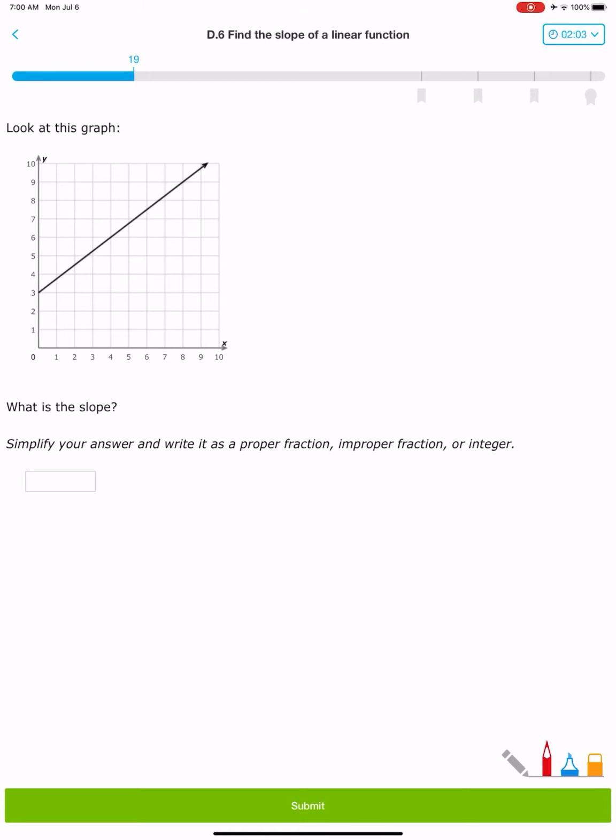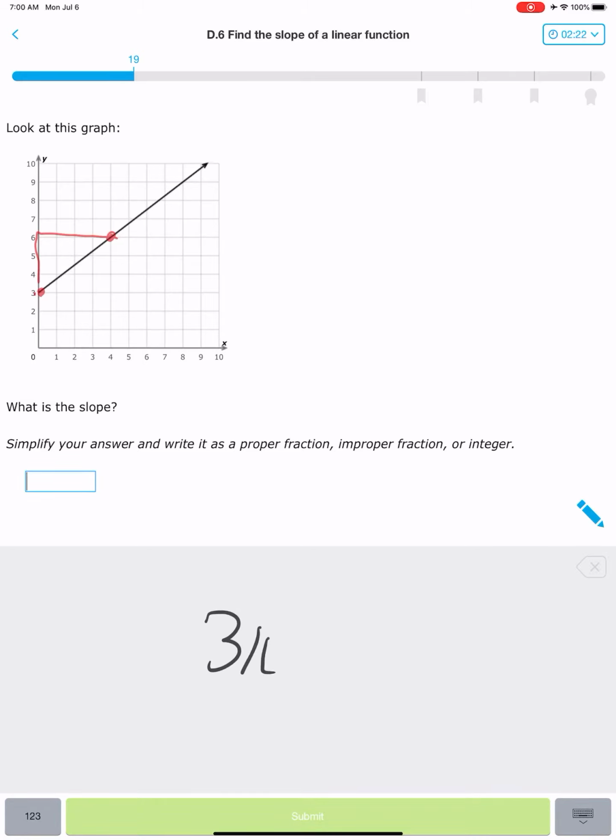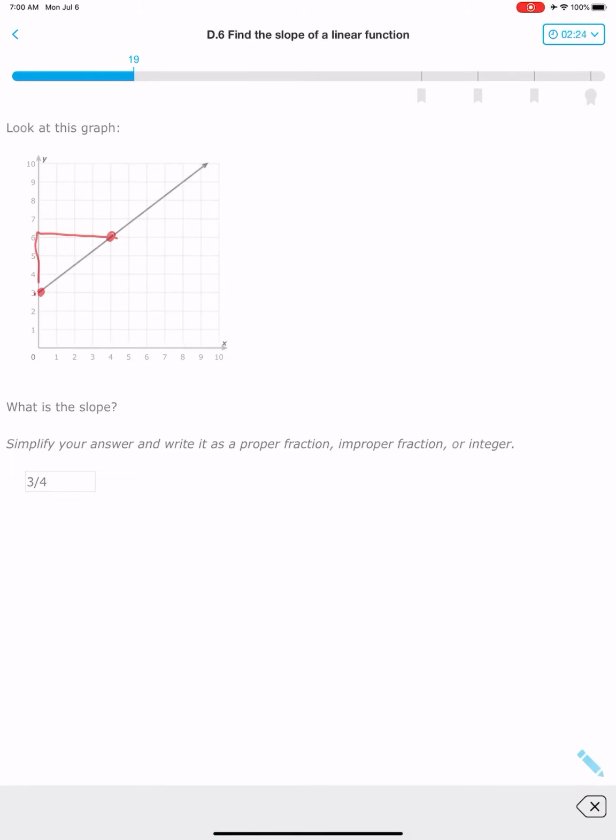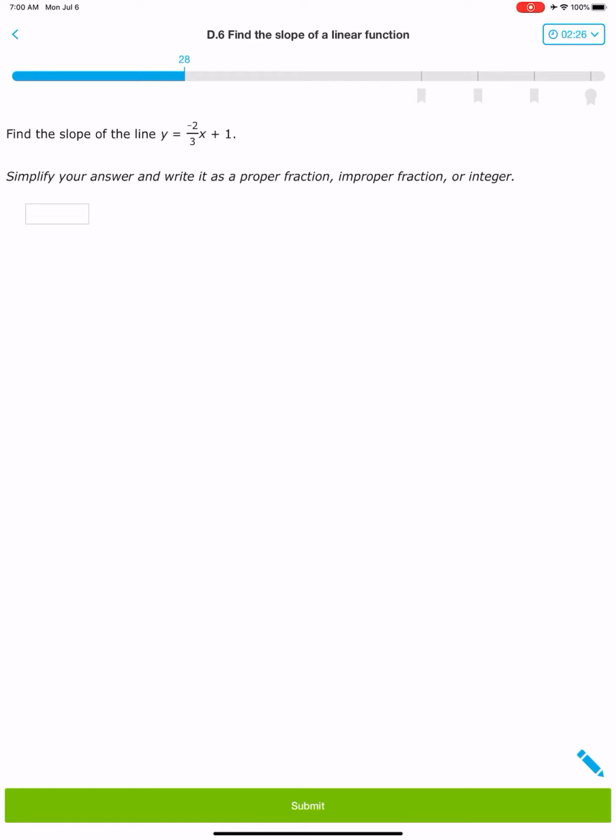This one, notice the points go from 1, 2, 3, 4. So it's normal. Now we're going to start at 3. Okay, and another perfect point's right here. So we're going to rise 3, run 4. So our answer is 3/4. Okay, now the slope of the line here.